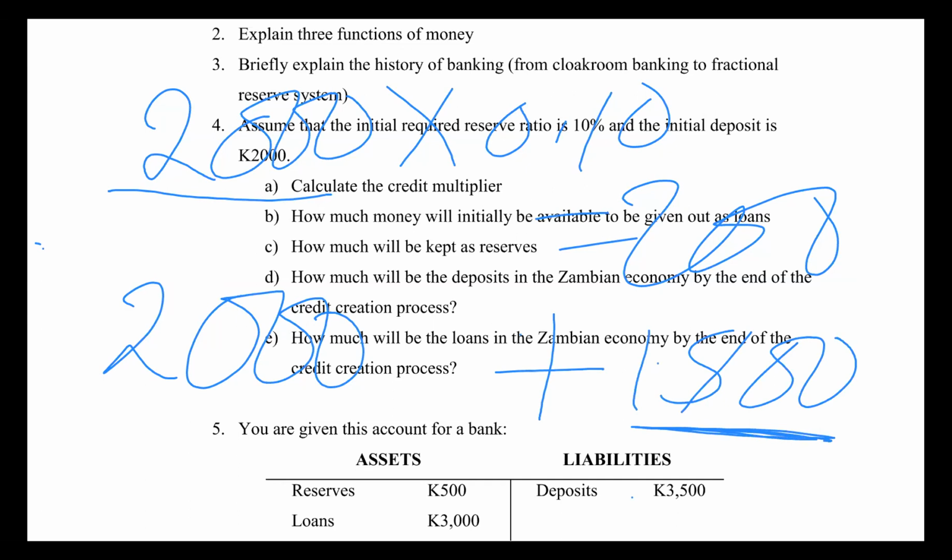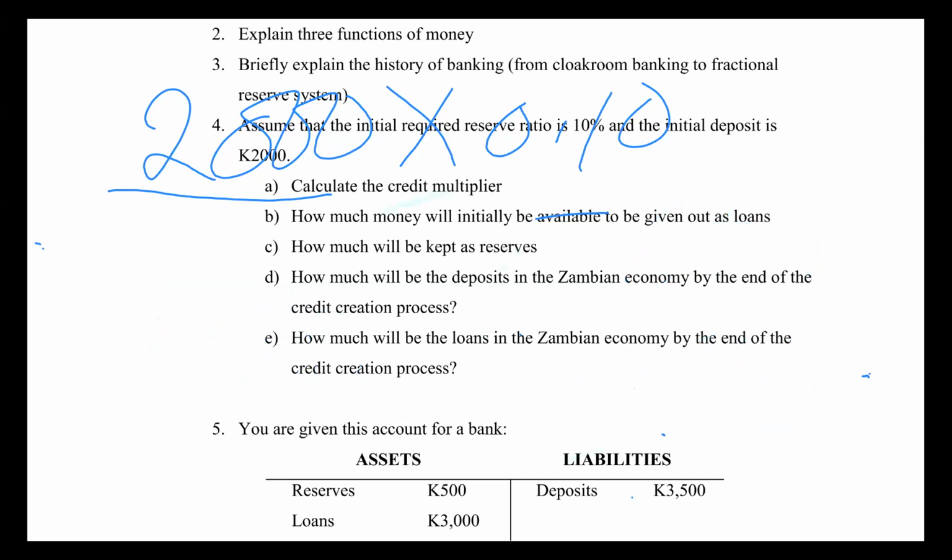They will deposit 2,000, reserve 200, then again deposit 1,800. So they will be depositing like that, and it will keep reducing. The deposit will be increasing because the loanable funds are added to it. That is what is going to happen.